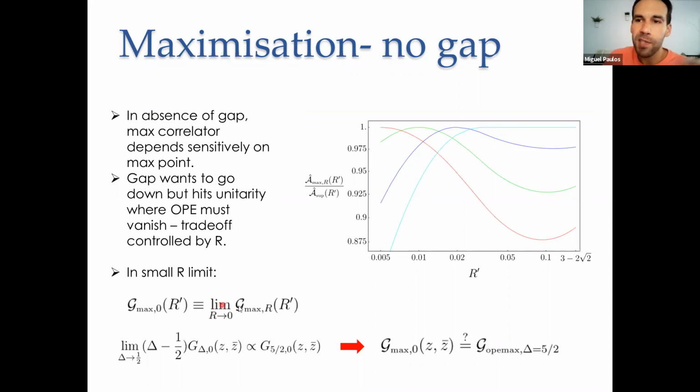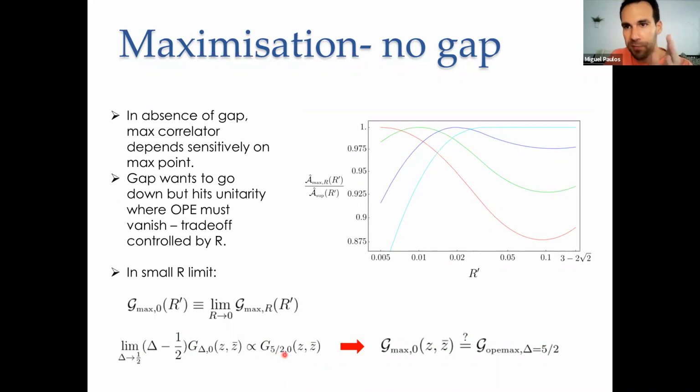And so in this limit, something funny happens, which is that the operator gets pushed down to unitarity, and the OPE coefficient goes to 0 in such a way that there's a finite limit. The conformal block, when you take it to unitarity, blows up, but then this blowing up gets canceled by the OPE coefficient, and you get a finite contribution of a different state of dimension 5/2.